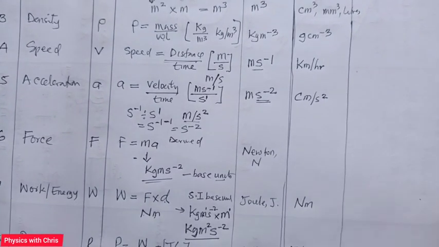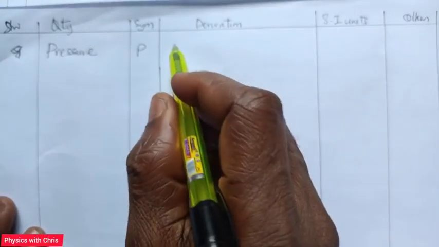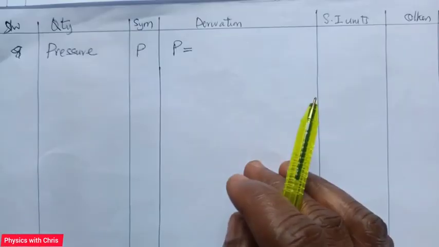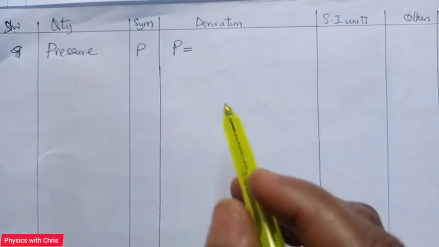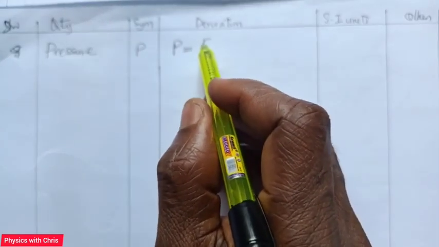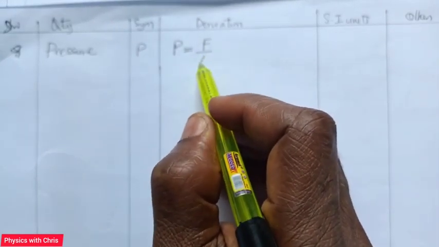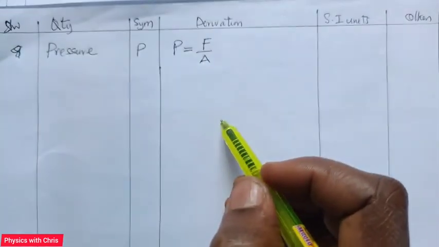Then how about pressure? I'm going to show you how to derive the units of pressure. The pressure exerted on a surface is given by the force acting on the surface over the area of the surface.